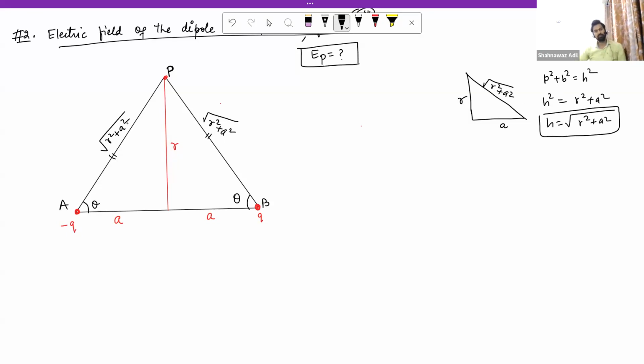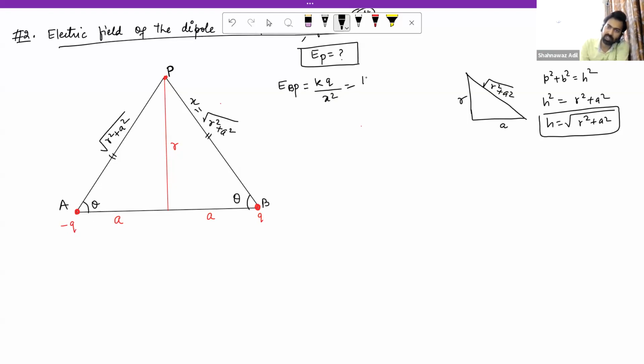Right. And we have discussed that the electric field will have two contributions, one due to this charge, one due to this charge. Let's say from this one the electric field is EBP, and that would be simply KQ divided by the distance x square.